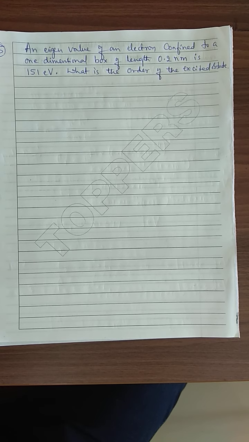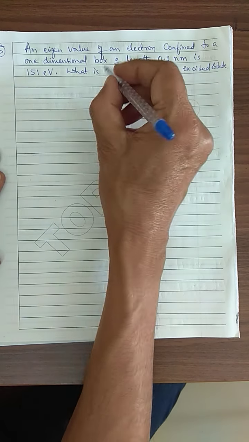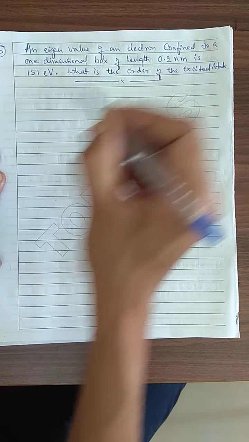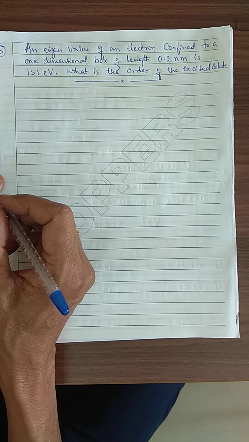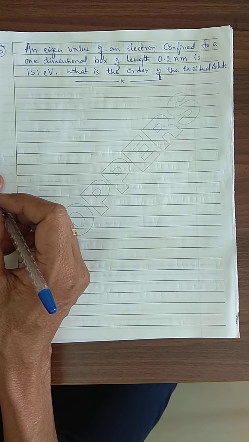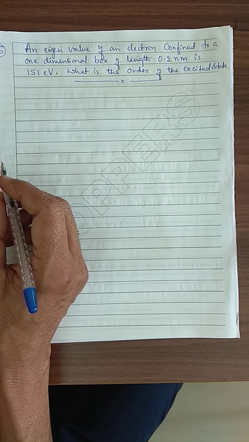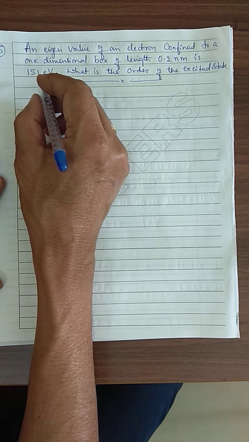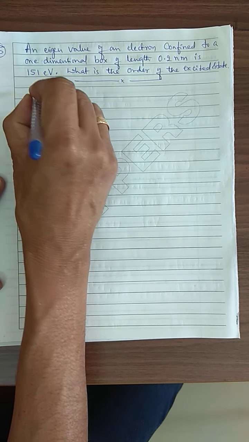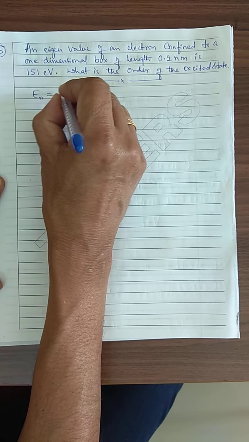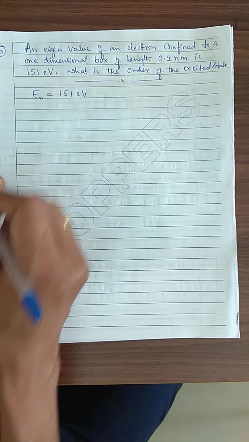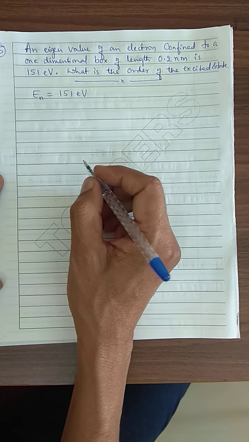Now, what data are given? Let me write the data first, then we can think about the problem, formula and other things. First, the data. En is given as 151 eV. Convert it in the form of joules.